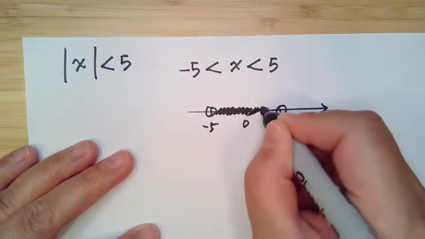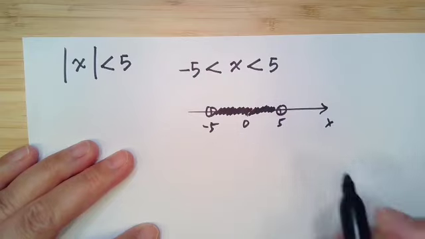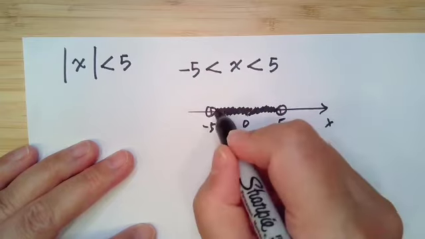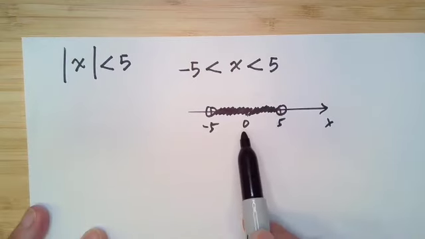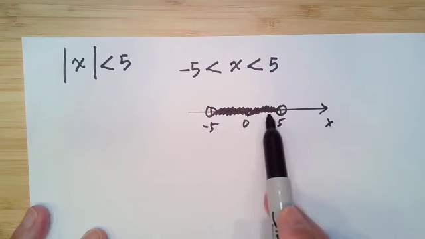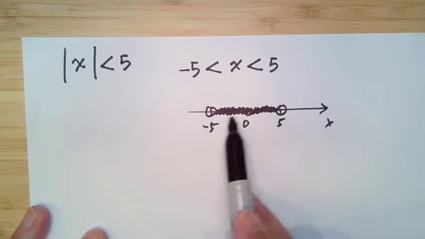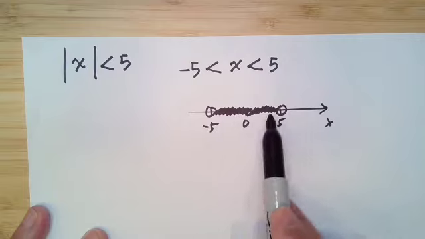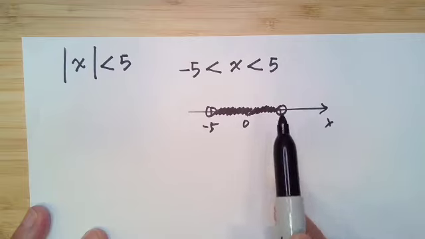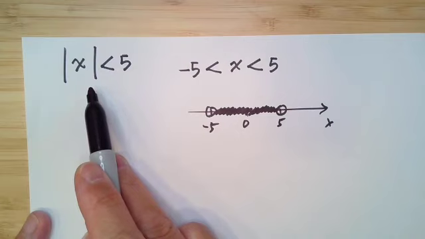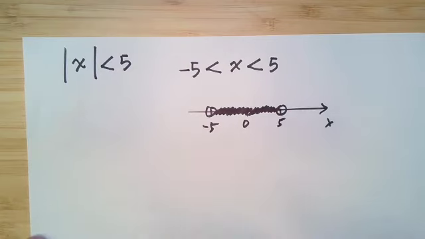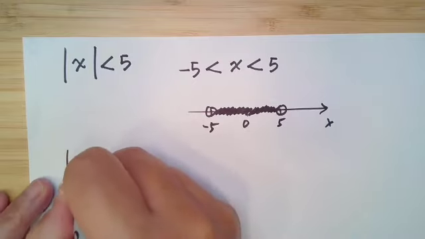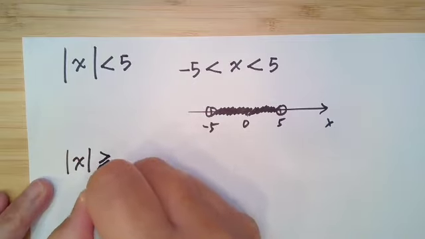Now you see why we learned absolute value inequality after we learned the compound inequalities, right? Because we need it. So x is between negative 5 and positive 5. For every single value you pick from this interval from negative 5 to positive 5, that absolute value must be less than 5. So here's the solution, and here is how to graph that. What about absolute value of x is greater than or equal to 5?